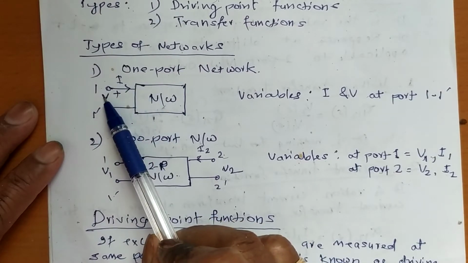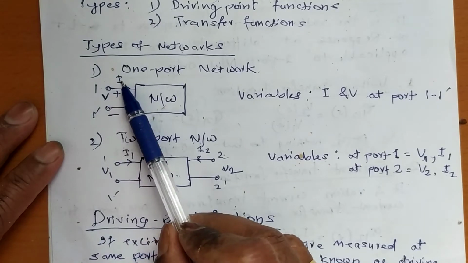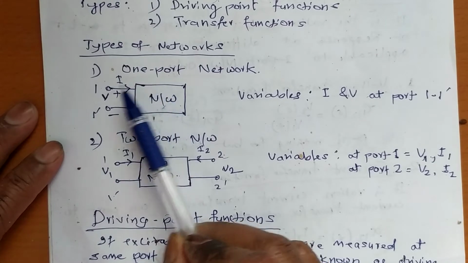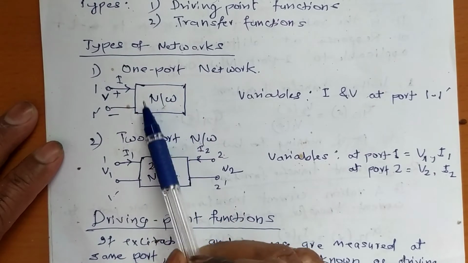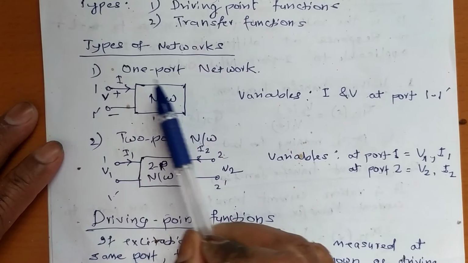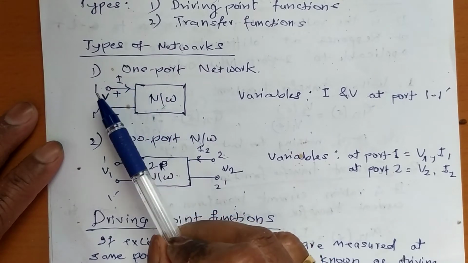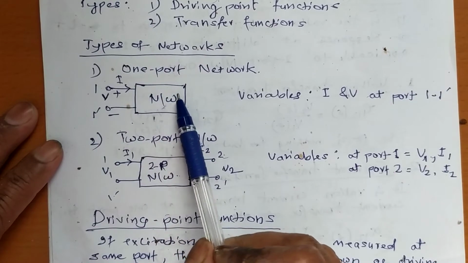The applied voltage becomes the excitation, that is the input, and the current drawn by the network becomes the response. So it is again input versus output: input is voltage, output is current for a single-port network.